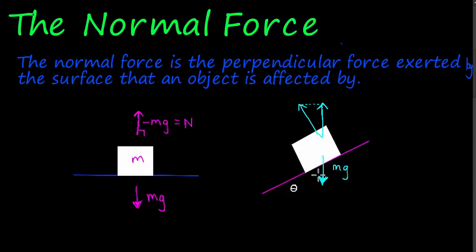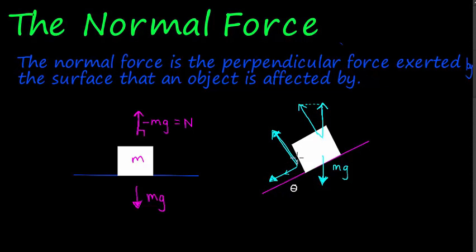Okay, so how would we work it out? Well, what we're going to do is look at the weight that is directly downwards, where we've got all of the weight. But some of the weight is perpendicular to the surface, and some of the weight is parallel to the surface. So we've got weight that's perpendicular to the surface, and weight that is parallel to the surface.